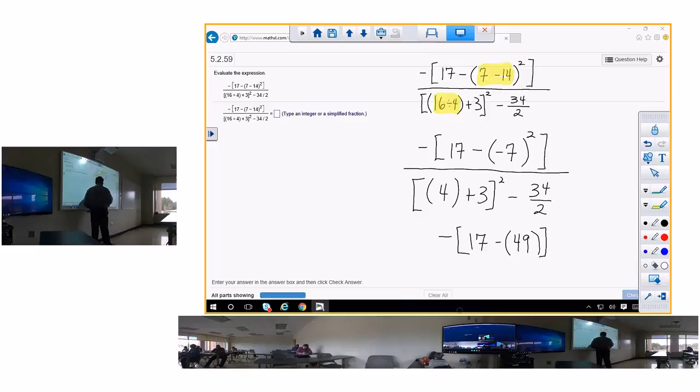Get a positive 49 right there. Divided by, I'm still not through with the parentheses right here. I still got brackets to do because that exponent is outside the bracket, so I got to do the brackets. So what's 4 plus 3? 7, and that's squared, minus 34 over 2. That's step 3.